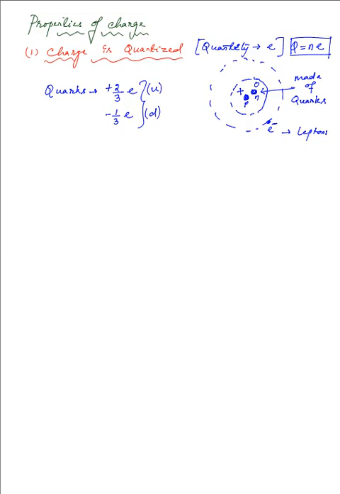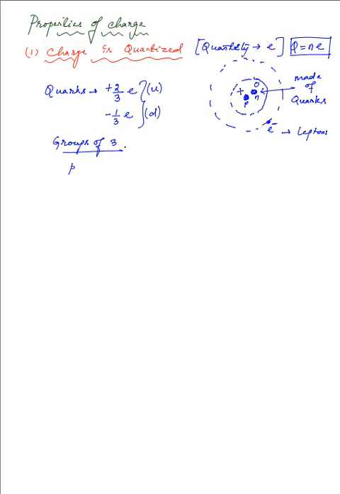The quarks are not present in a single form. They always form groups. In the formation of protons and neutrons, they are in groups of 3.